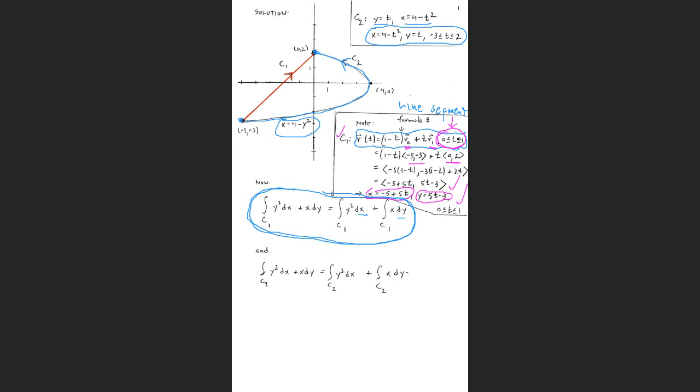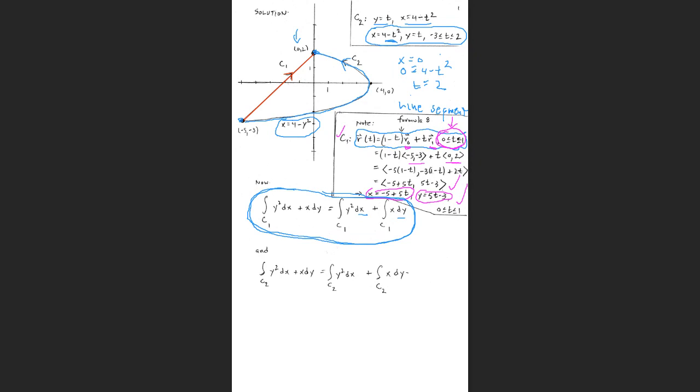Okay, why would that be? Well, let's look at 0, 2. When is x equal to 0 here? Well, if x is 0, then by the parameterization for x, 0 would equal 4 minus t squared. And so t could equal plus or minus 2, but I'm going to let t equal 2.